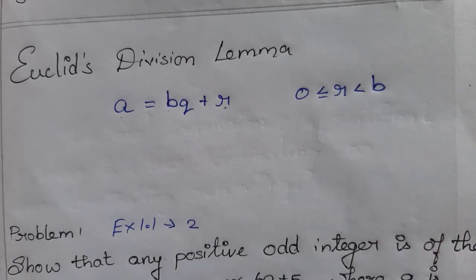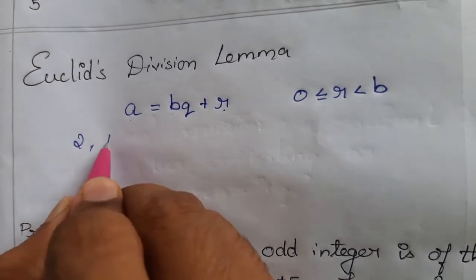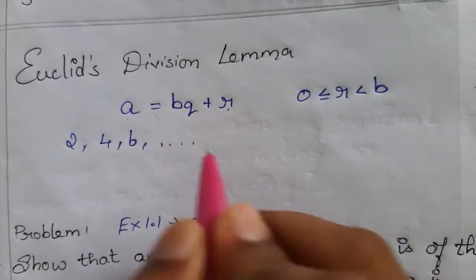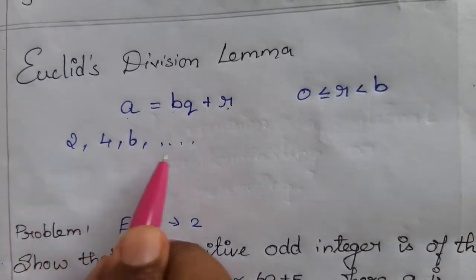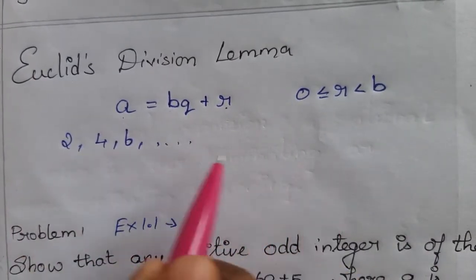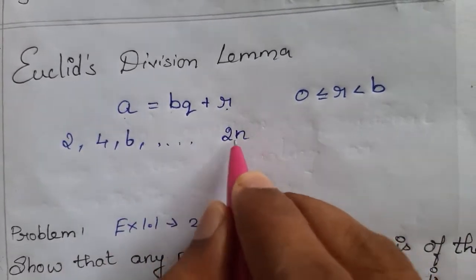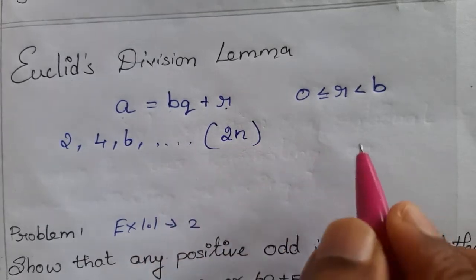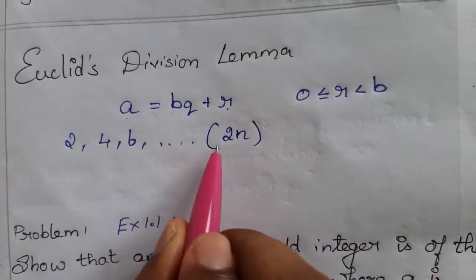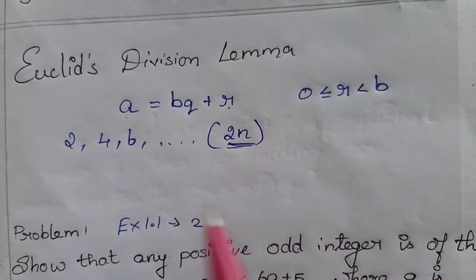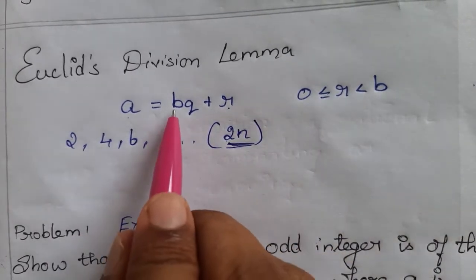A few properties of numbers we already know, right? For example, the pattern of even numbers 2, 4, 6 and so on. These are also multiples of 2, so we can generalize them as 2n, right? This is also one of the properties, and you can see it satisfies Euclid's division lemma.